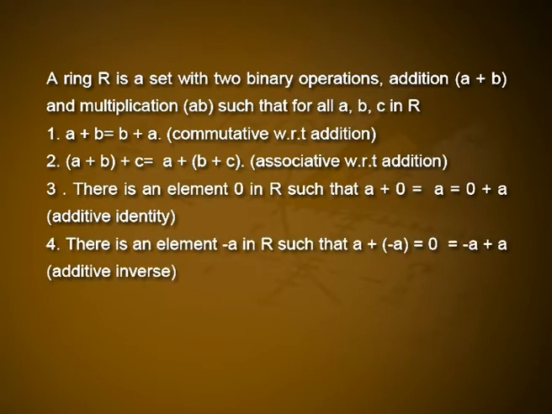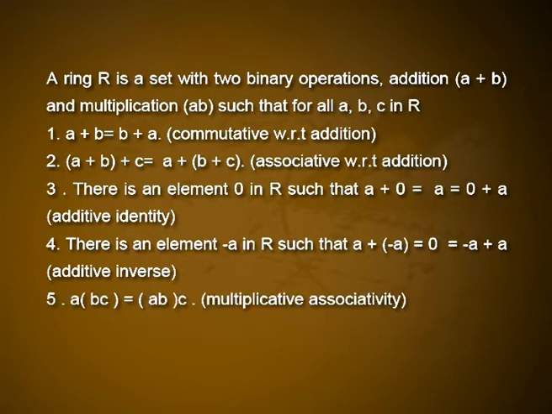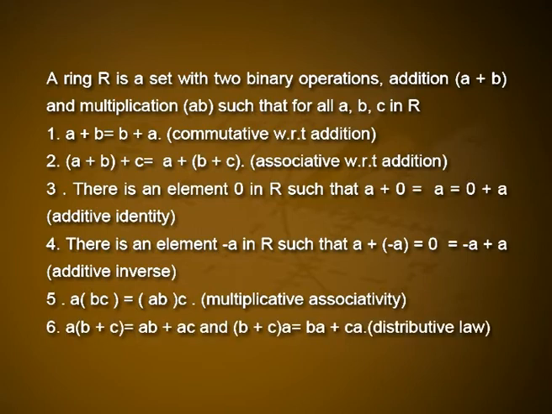There is an element minus a in R such that a plus (minus a) is equal to 0, additive inverse. a(bc) is equal to (ab)c, multiplicative associativity. a(b plus c) is equal to ab plus ac, and (b plus c)a is equal to ba plus ca, that is the distributive law.